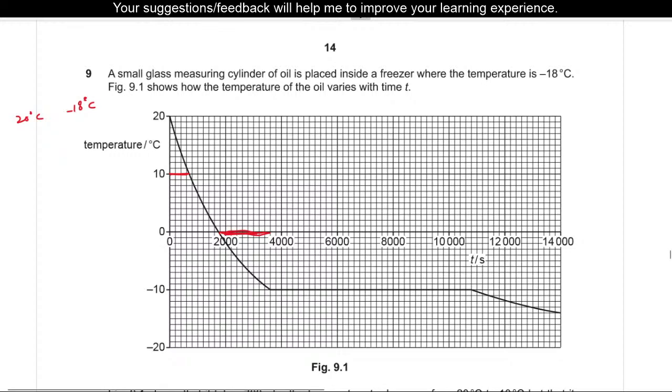So there is a large temperature difference, so heat transfer takes place quickly, whereas when it reaches 0 degree centigrade, the difference in temperature becomes less, so heat transfer takes more time. So that is why this time is less and this time is more.